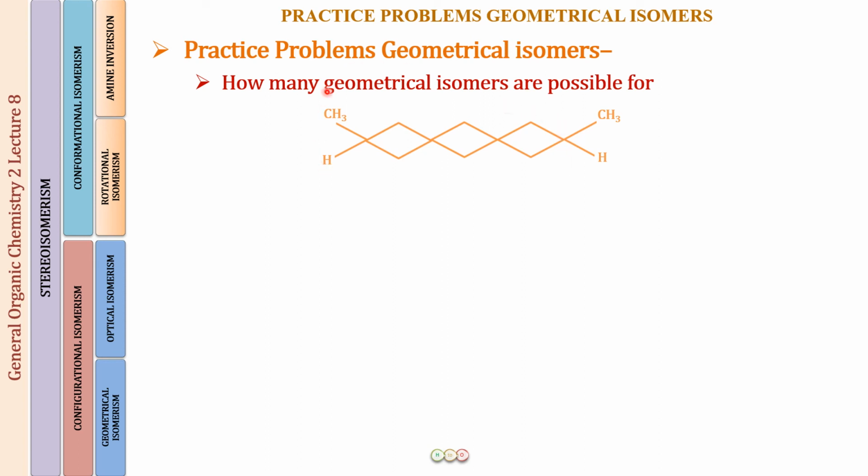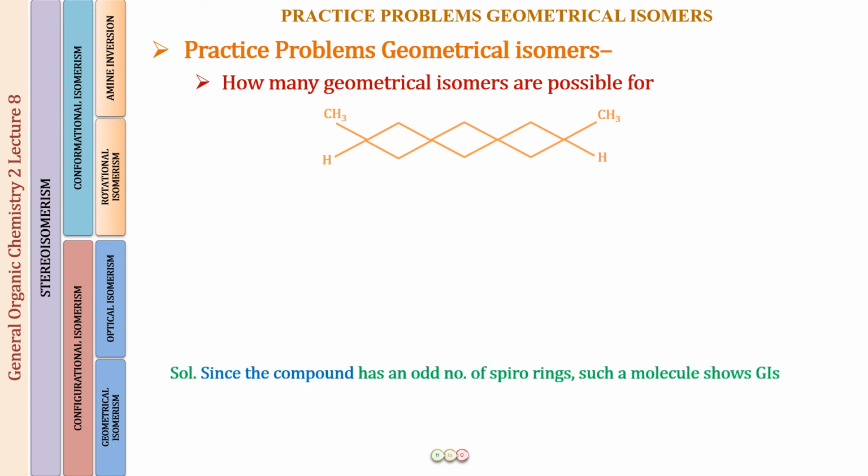So if the groups are different at the two ends of the rings, this is going to show geometrical isomerism, because now they are again in the same plane. Rings, restricted rotation, two different groups at the terminal positions, and because they are in the same plane, geometrical isomerism is possible for this compound.